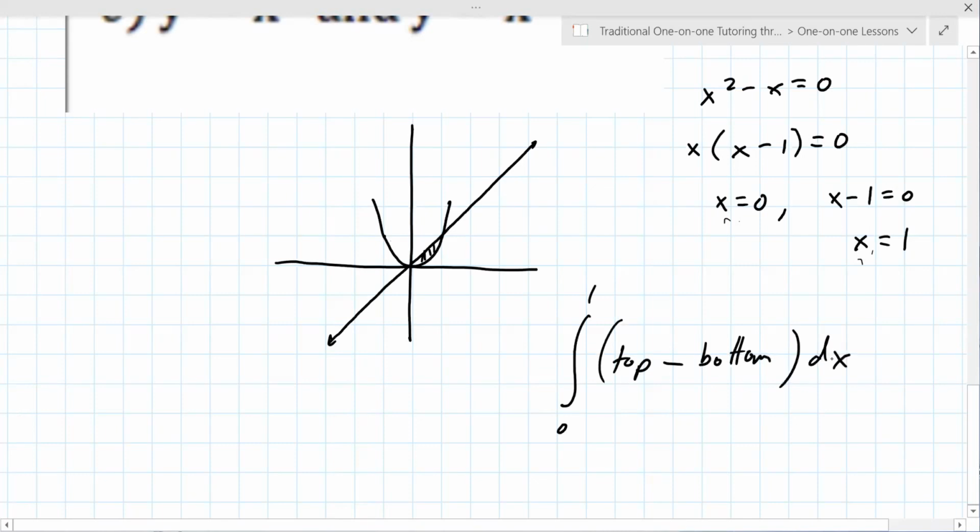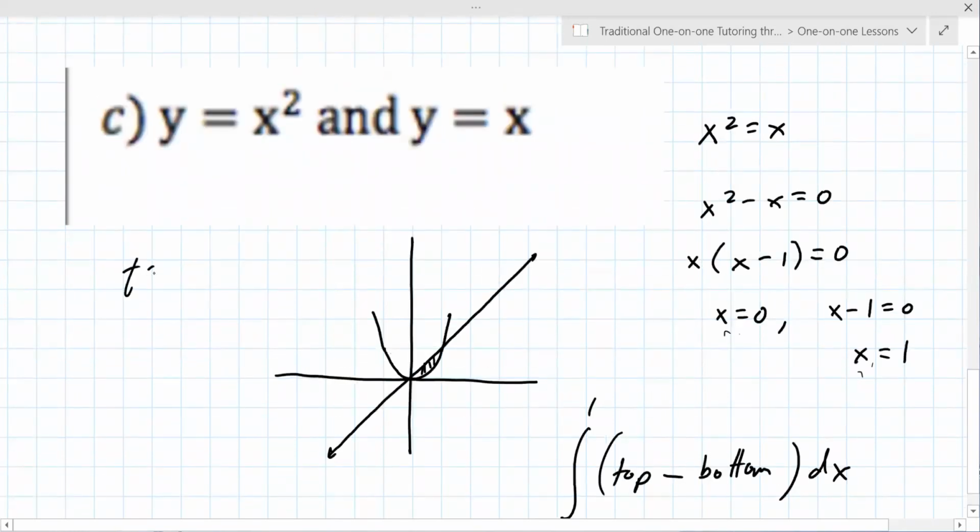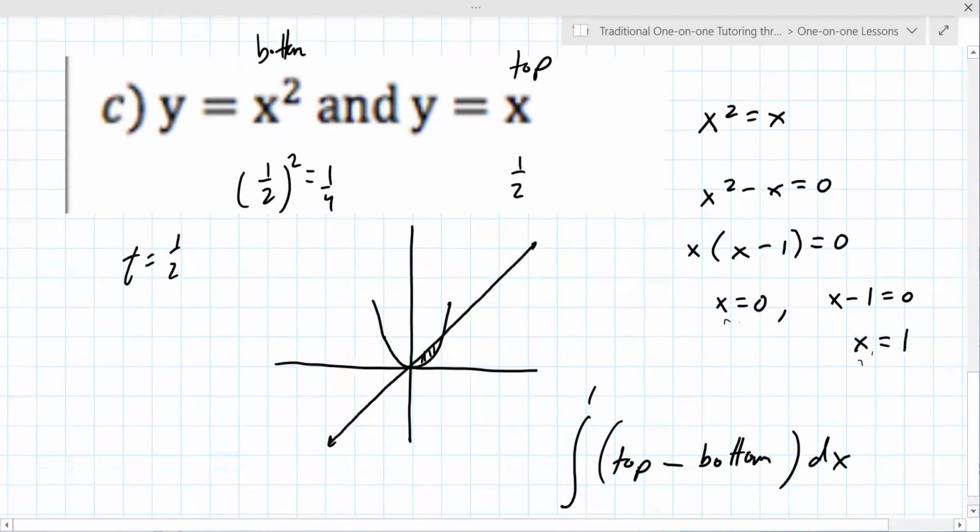If you don't remember which one is the top or which one is the bottom, you can test a point in between. So let's say x equals 1/2. You have 1/2 squared, which is 1/4, and you have 1/2. So which is taller? Well, it's the x. So that's how you know this is the top and this is the bottom. You do not check at the endpoints because the endpoints will give you the same value.